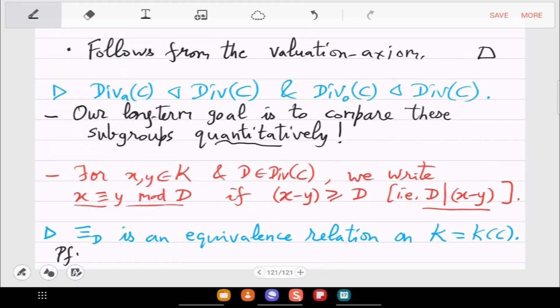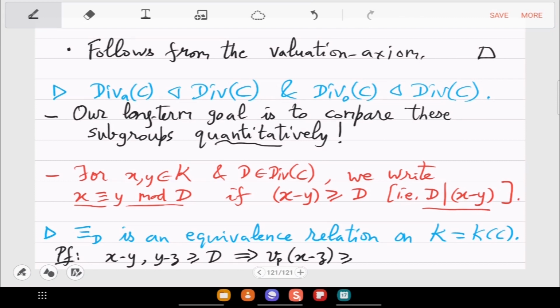Let's just check it. So x minus y and y minus z are greater than or equal to d. This means what? You should do this properly by using valuation. When you add two elements, you get the minimum of the valuations. So the valuation with respect to p of x minus z, now we are using the second axiom of valuation, which is on sums.